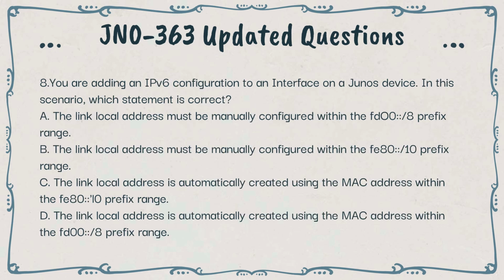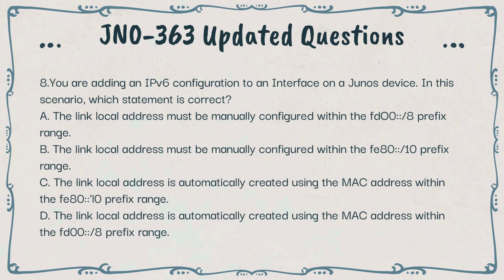8. You are adding an IPv6 configuration to an interface on a Junos device. In this scenario, which statement is correct? A. The link local address must be manually configured within the FD00::/8 prefix range.